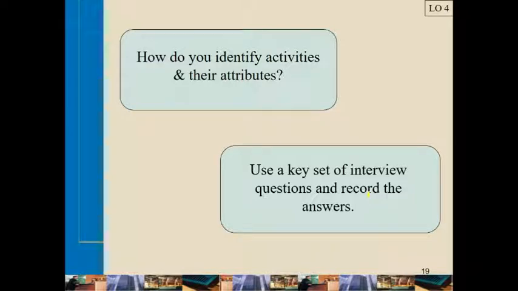Now, under activity-based costing, it makes use of a key set of interview questions and record the answers, which ato ang maibawaan later on. Activity-based costing first traces cost to activities and then to products.